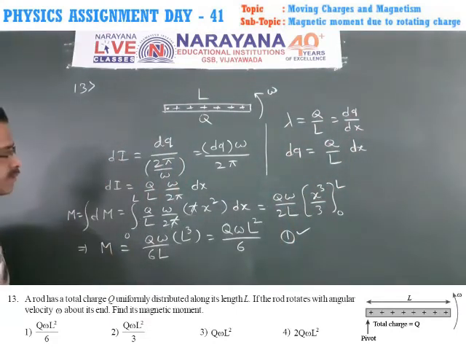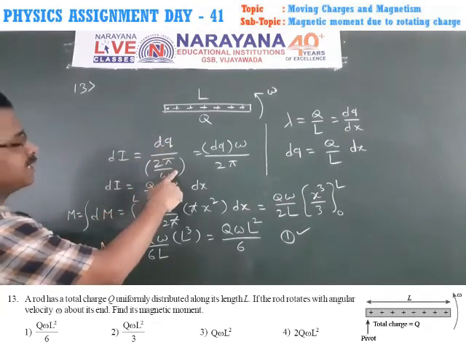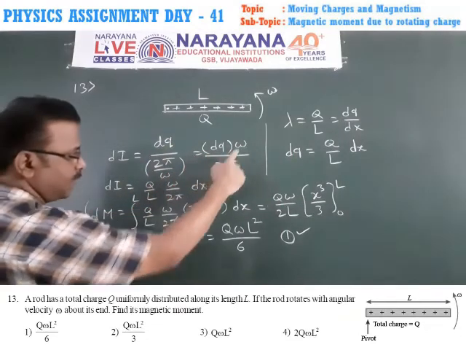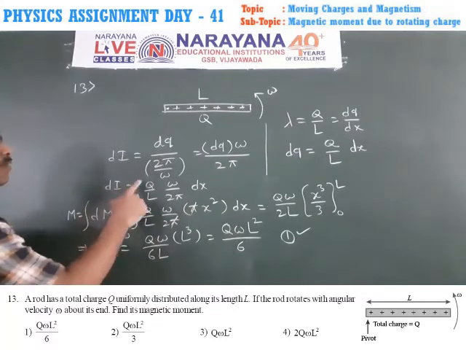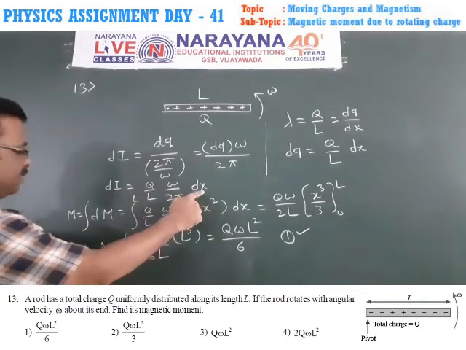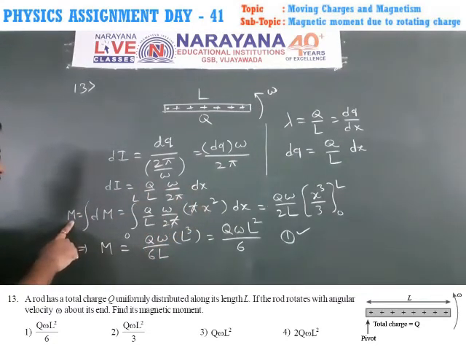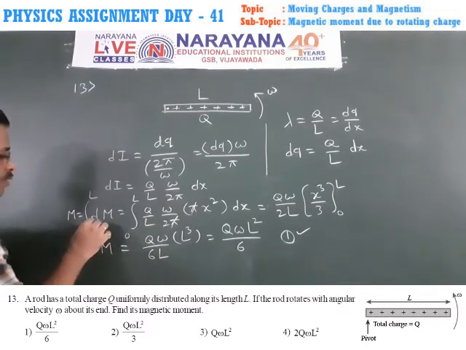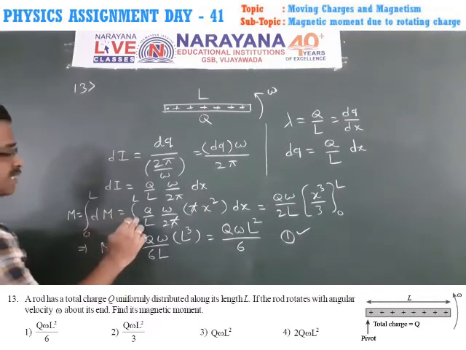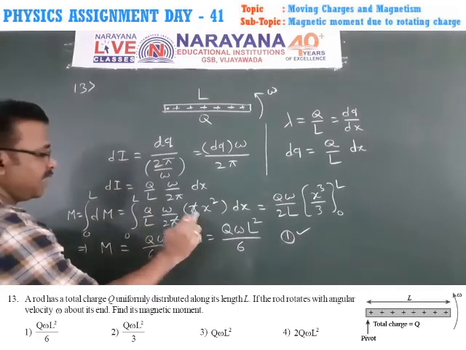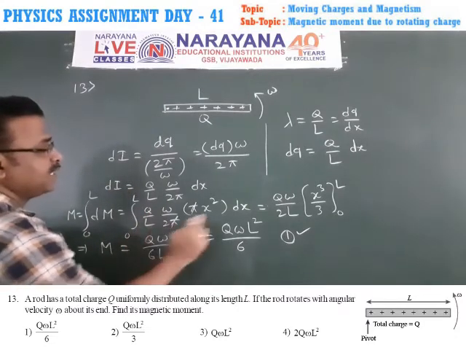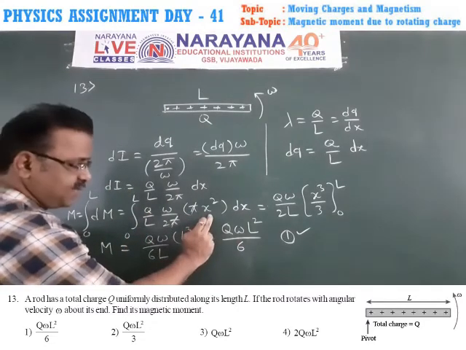Now di is nothing but dq by capital T, nothing but 2 pi by omega. You will get dq into omega by 2 pi. So di is equal to q by L omega by 2 pi dx. So total magnetic moment is nothing but integral 0 to L dm. dm is nothing but di into a. di is q by L omega by 2 pi into dx. a means pi x square.